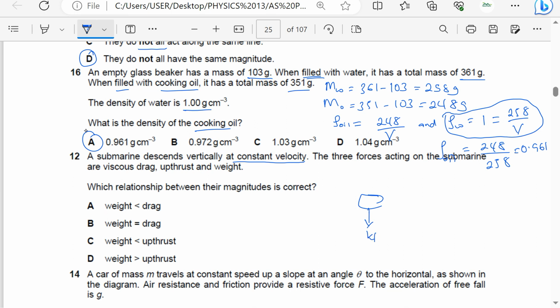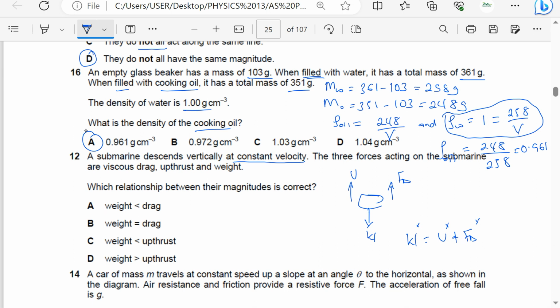Because it's descending vertically downwards, of course the upthrust is upwards, and the drag force is also upwards. So since it is descending at a constant speed, then it means that the weight should be equal to the upthrust plus the drag force. The weight is constant, the upthrust is constant, the drag force is constant.